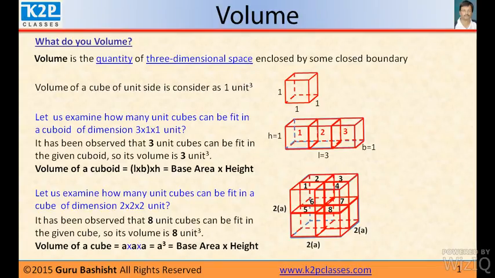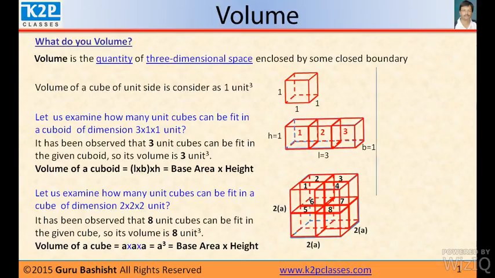So, the volume of the given cube is 2 into 2 into 2, that is 8 unit cube. So again, volume of a cube is side into side into side. It is A into A into A, A cube, equal to base area into height.